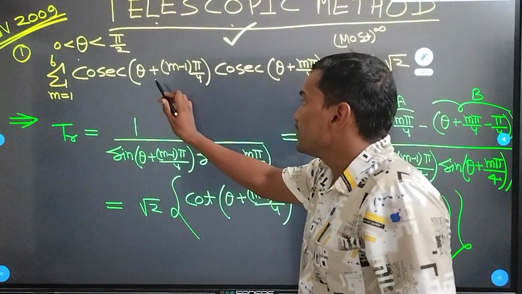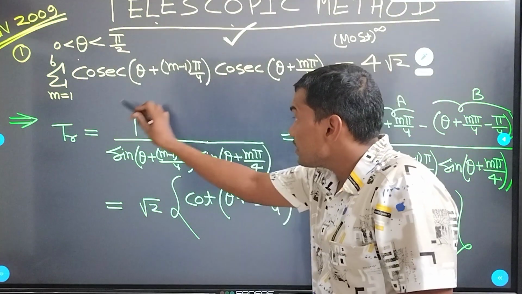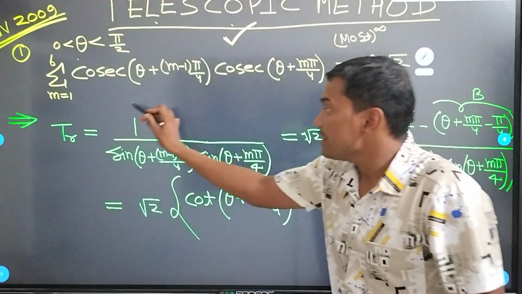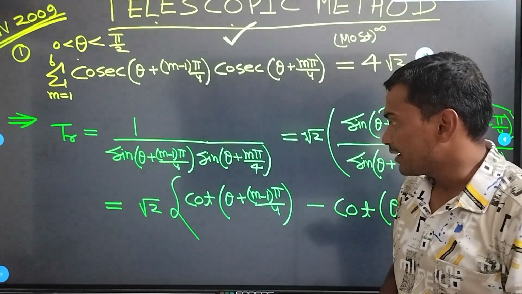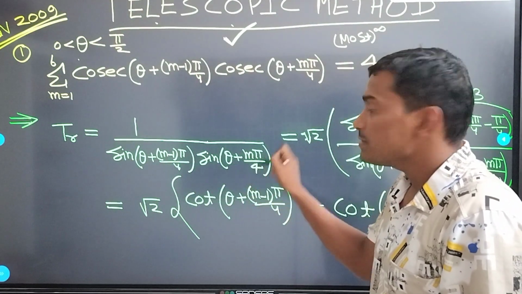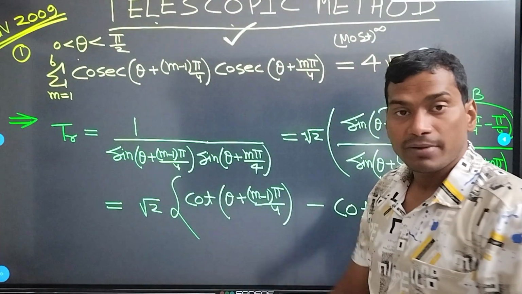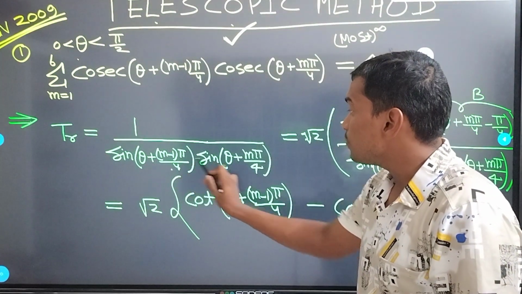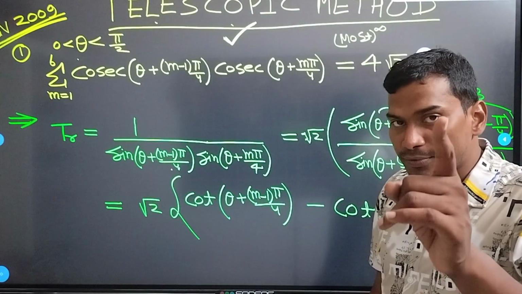So I am writing the general term 1 by sine. Okay, now this thing I have to write as the difference of two terms. Alright, so analyze this general term. You can see this is theta plus m pi by 4 and this is theta plus m minus 1 pi by 4. What is the difference of these two angles? If you do this minus this, are you getting pi by 4?